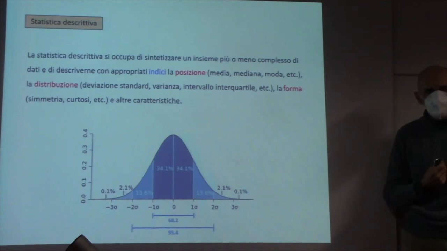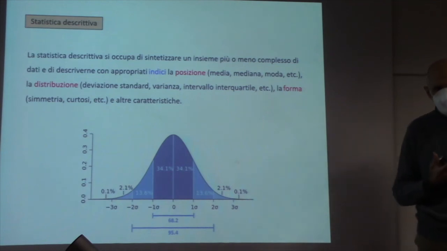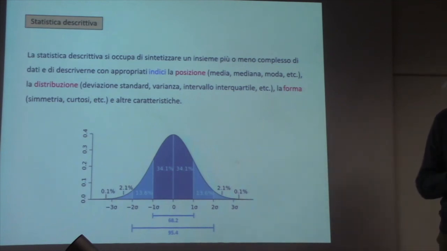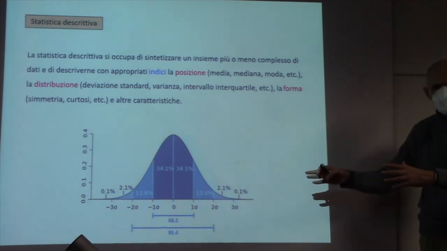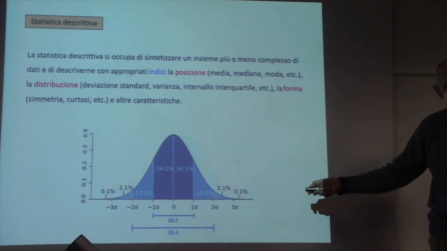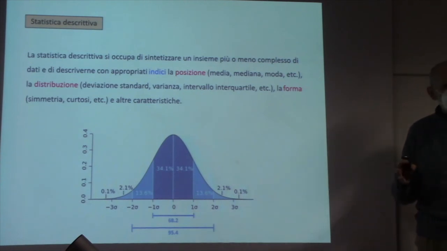vi dà un'idea immediata, intuitiva, di quanto 2 insiemi di dati siano simili o diversi fra loro. Se un secondo insieme di dati sta oltre le 2 deviazioni standard, è un insieme diverso da questo. Se si trova all'interno della deviazione standard è possibile che ci siano solo differenze casuali.